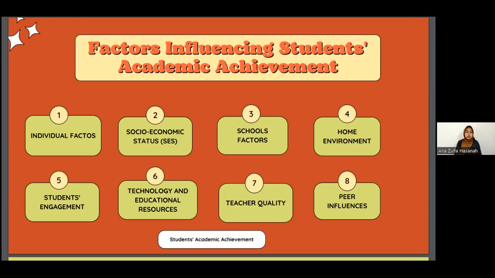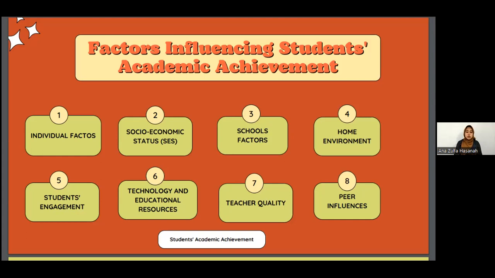And then the teacher quality. It is of course also one of the factors, because when students have access to high quality teachers, it can greatly impact their academic success and the overall educational environment.